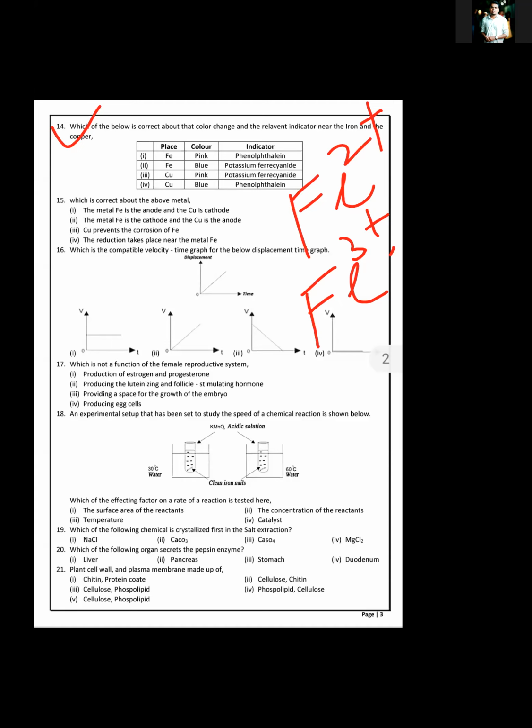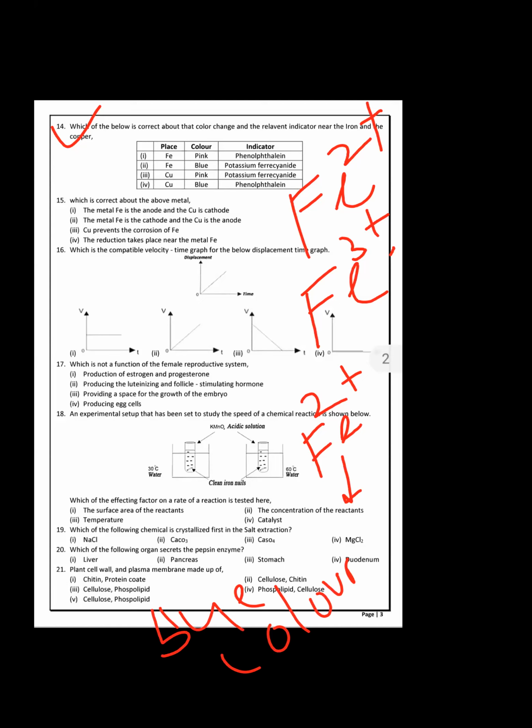The Fe2+ ions, when we consider ferric and ferrous ions, Fe2+ becomes blue in color with potassium ferricyanide after the experiment. Then the first one is the correct answer. They have given Fe2+ ions, which produce blue color with potassium ferricyanide.